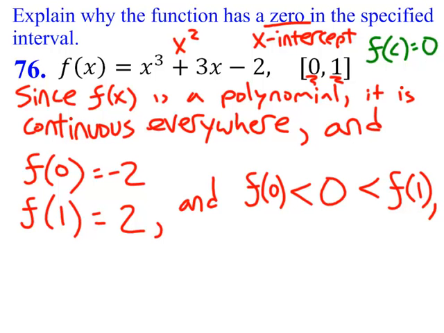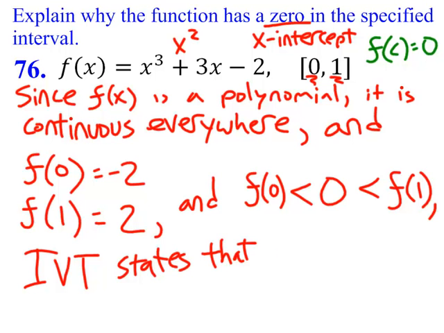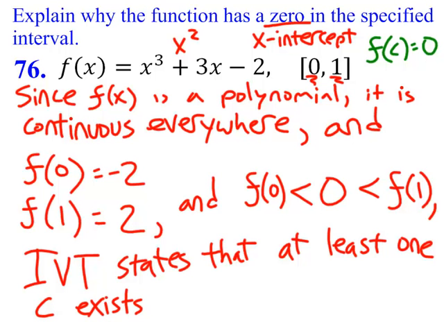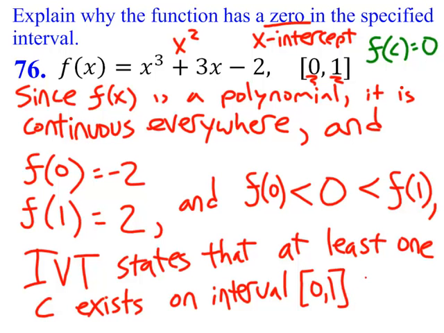So since those conditions occur, the IVT, and again, I am allowed to use that acronym, guarantees that there is at least one value of c on the interval such that f of c equals 0.